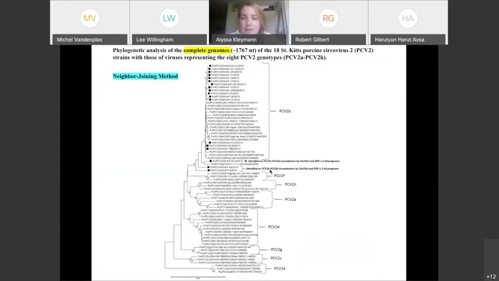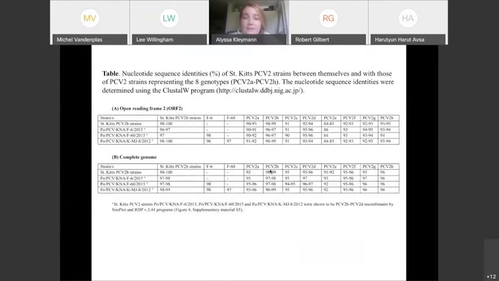Again, similar clustering patterns as the maximum likelihood method. So this is further validating the results from the phylogenetic analysis. We see here the nucleotide sequence identities of the St. Kitts PCV2 strains, looking at specifically just the ORF2 and then specifically at the complete genome.